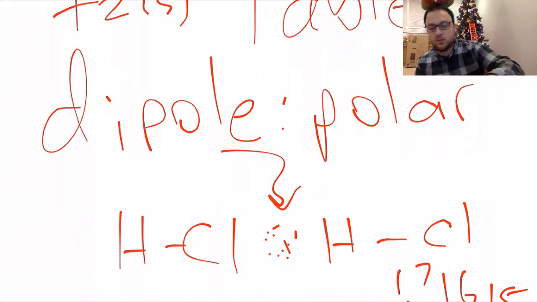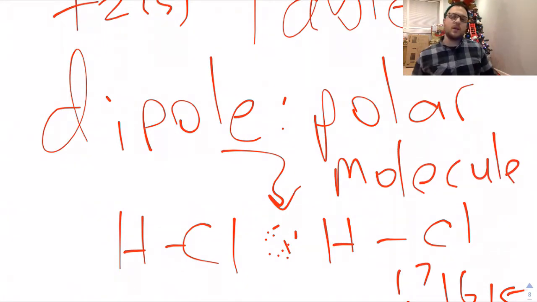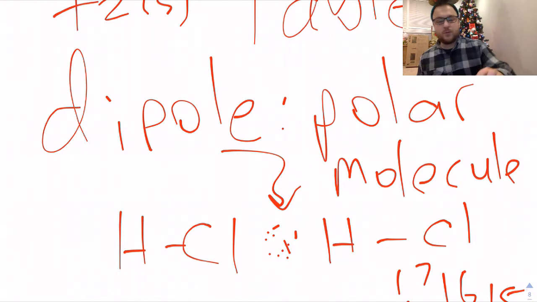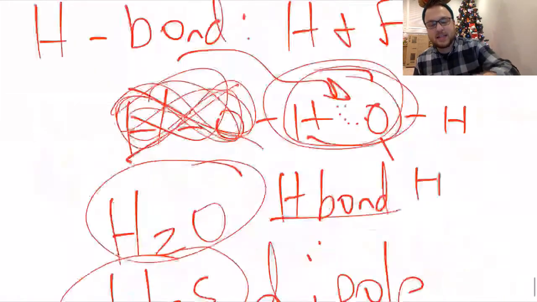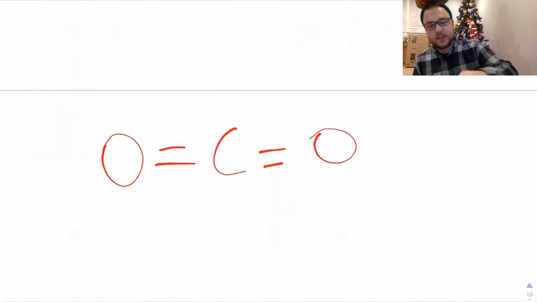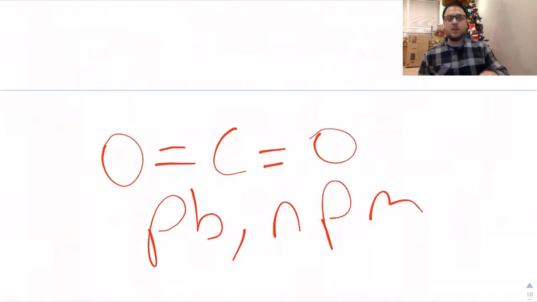Dipole forces exist in polar molecules. So for example, carbon dioxide has polar bonds but is a non-polar molecule. This only has dispersion forces. This does not have dipole because it's a nonpolar molecule.